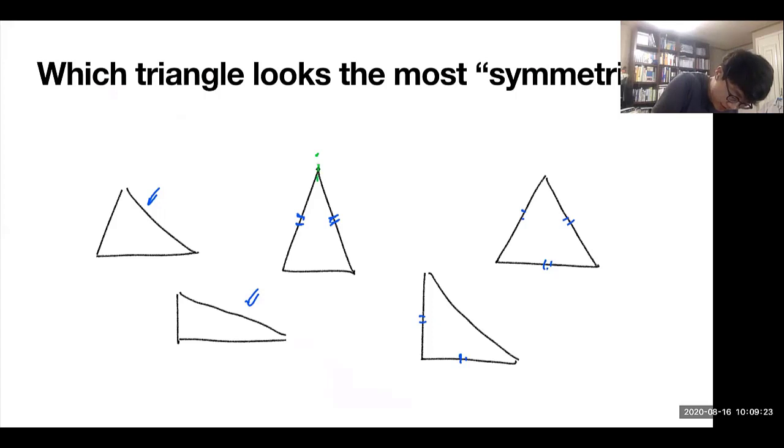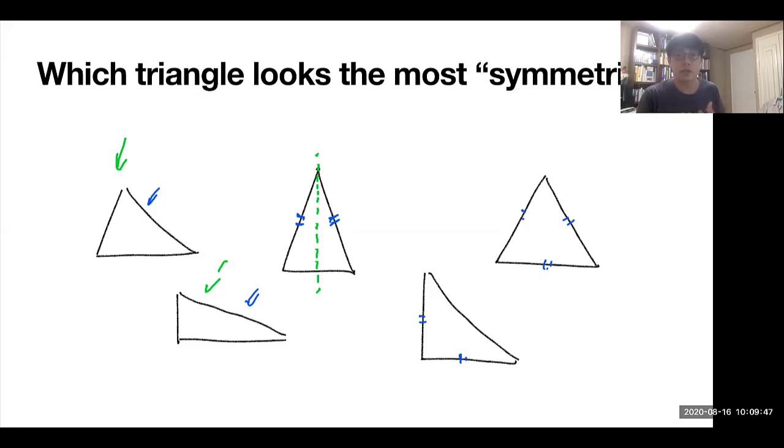Namely, you have this reflection along this altitude such that if you reflect this triangle across this axis, you would still get the same triangle. But you don't have this transformation for examples such as this one or this one because you don't have this regularity. You don't have these two sides that are equal, and therefore you don't have this reflectional symmetry.